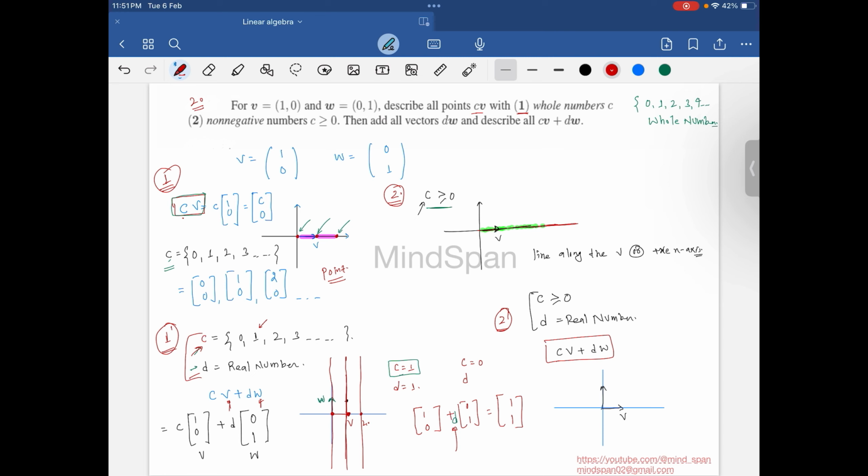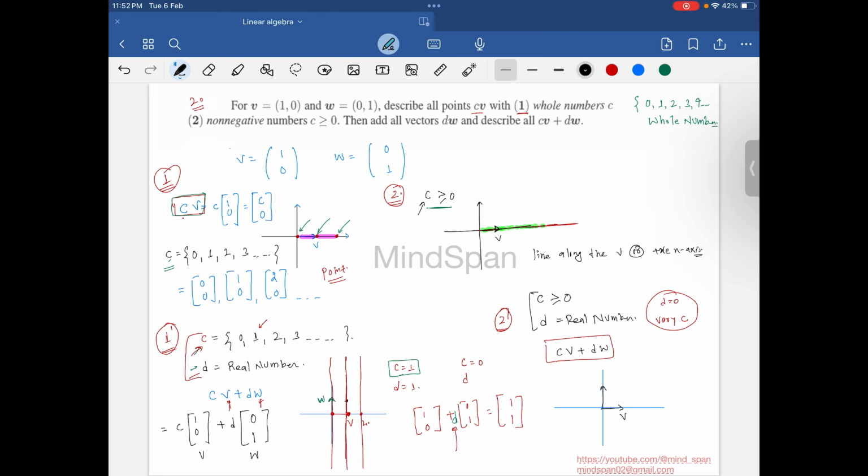So c is greater than 0. Let me think about how I can approach this. I will simply set d equal to 0 and let c vary. Now I will visualize this.